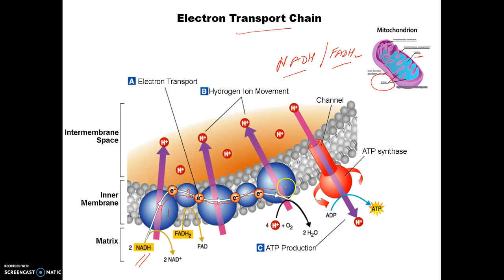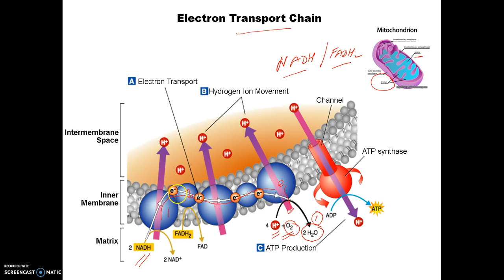And finally, after it is done with the last electron carrier in the membrane, it is taken up by the last electron acceptor, which is oxygen. So oxygen takes up this electron along with your hydrogen to form water. So the product of this electron transport chain, one of the products, is water.